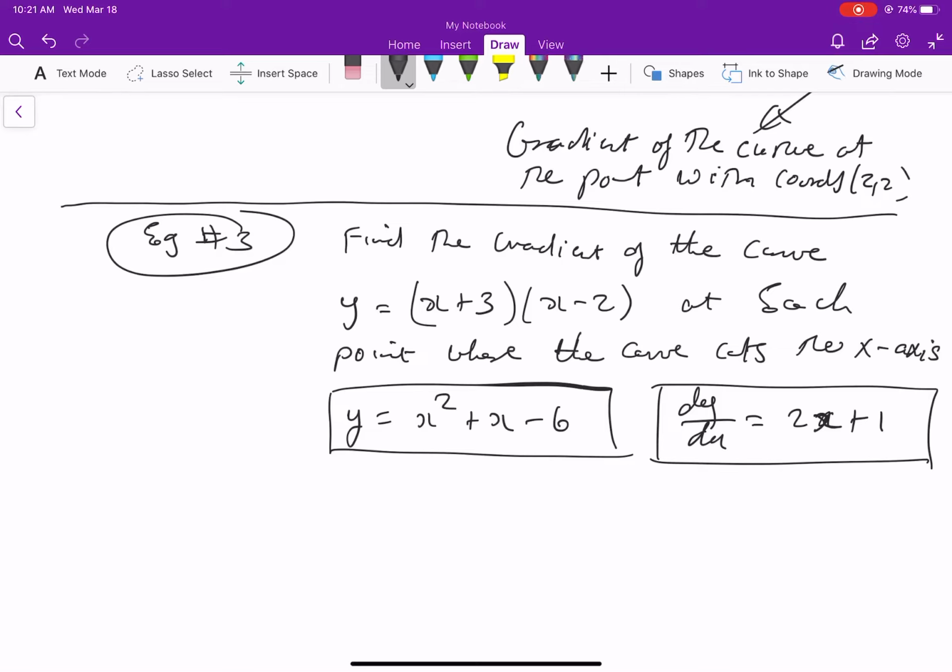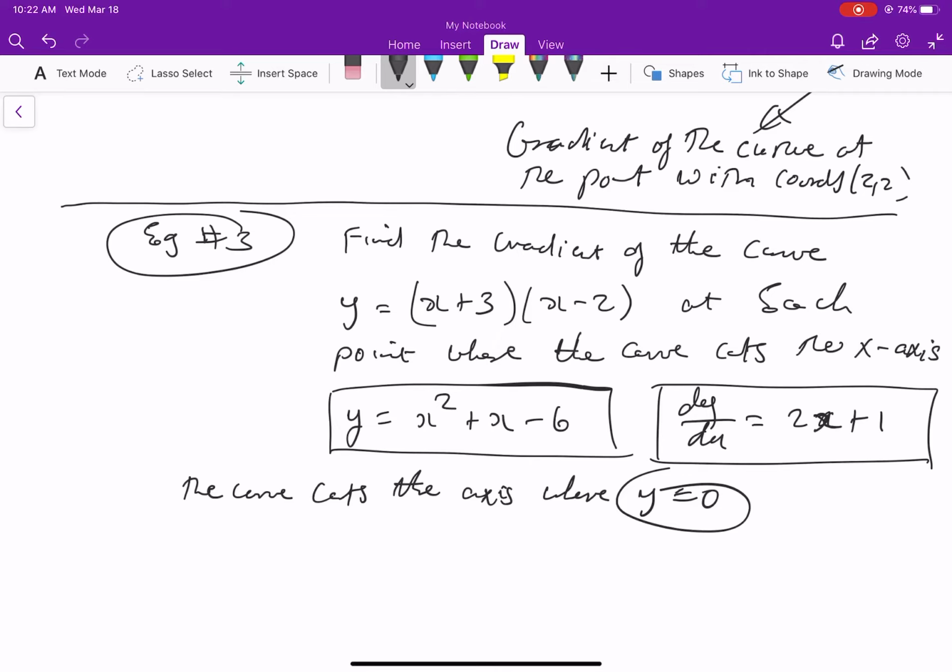So we're going to go there. The curve cuts the x-axis where y is equal to 0. This is standard fare. So we're going to go back to the equation given and put y equal to 0. Now we're going to use the factorized form because obviously that gets us to the x values rather quickly.